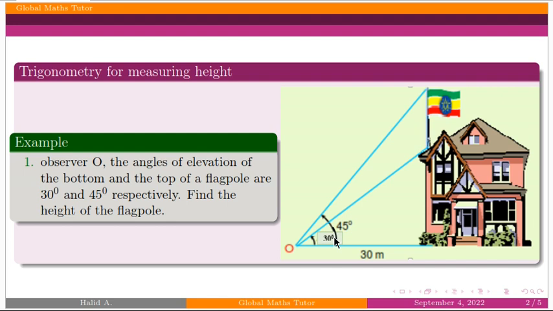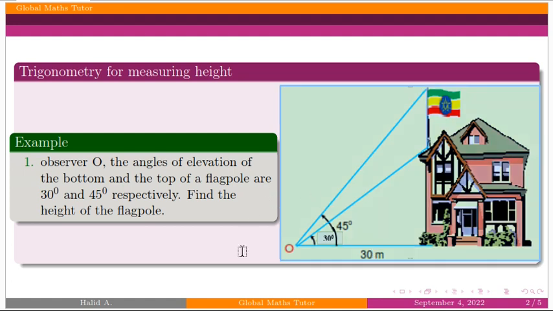If the angles of elevation are 30 degrees and 45 degrees, what will be the height of this flagpole? This is one application of trig functions. Given that the horizontal distance from this building is 30 meters. So we will do how to find this one.